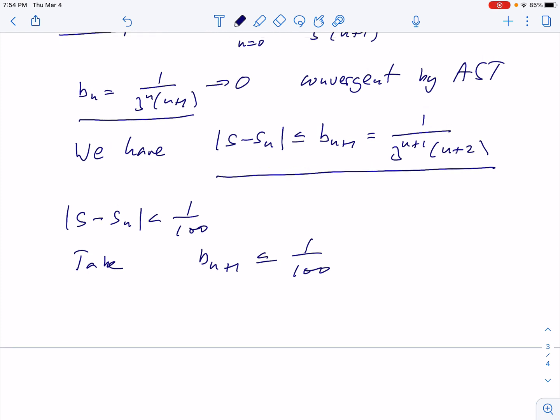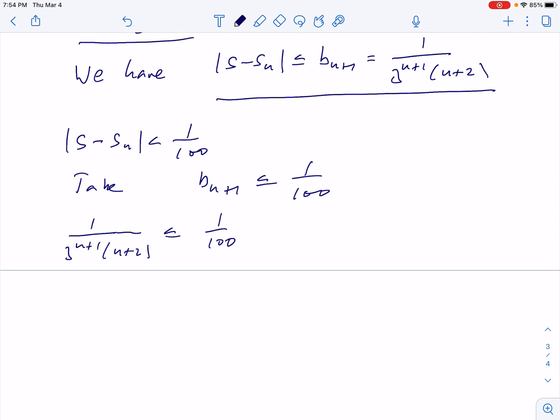Replacing b sub n plus 1 with its expression, this will be 1 over 3 to the power n plus 1 times n plus 2. We want this to be less than or equal to 1 over 100. If this is true, the difference between S sub n and S will be less than 1 over 100. How to solve this for n? Let's flip first. 3 to the power n plus 1 times n plus 2 shall be greater than or equal to 100.